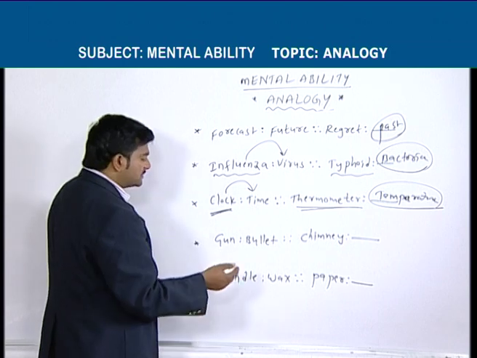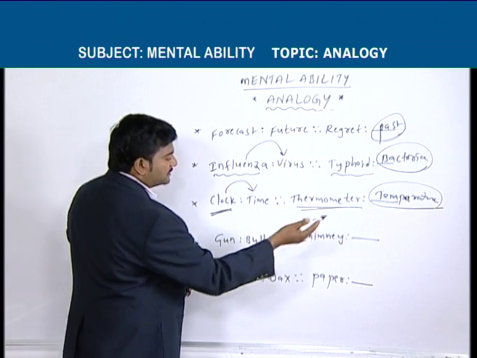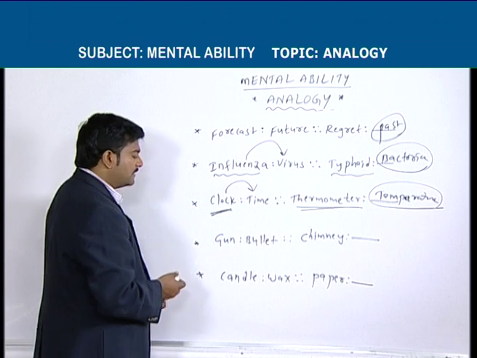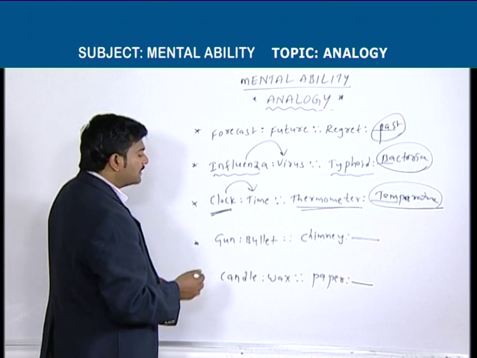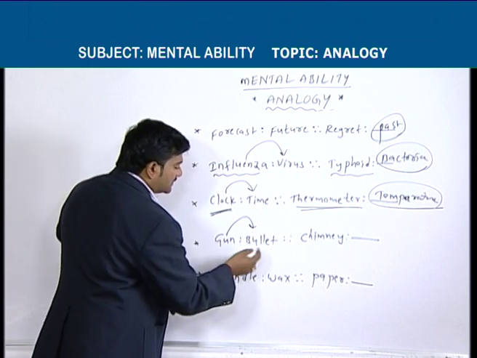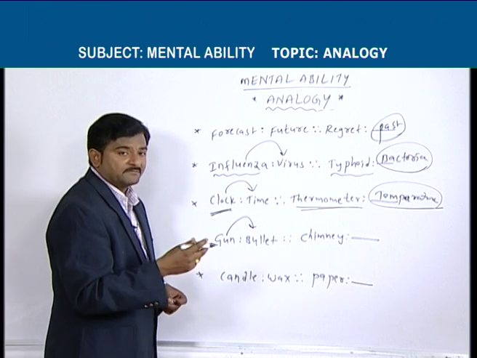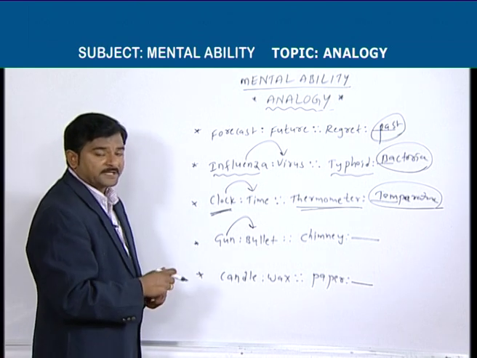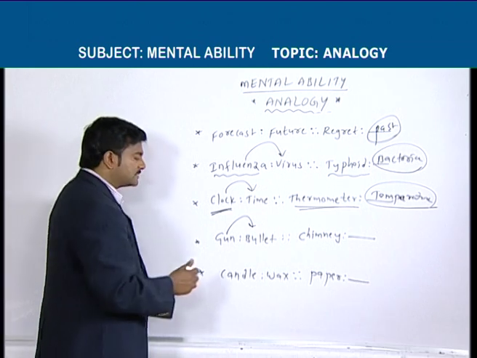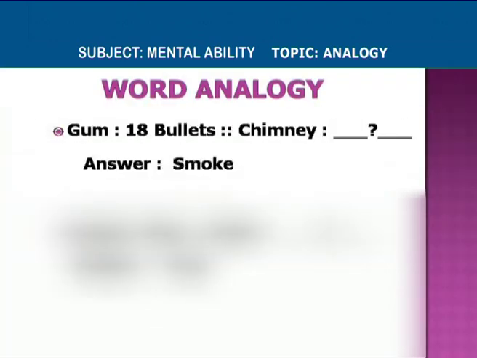See here: gun is to bullet as chimney is to dash. Simple question. From a gun, what comes out? A bullet will come out. The second one comes out from the first one. Bullet comes out from the gun. Similarly, from a chimney what will come out?